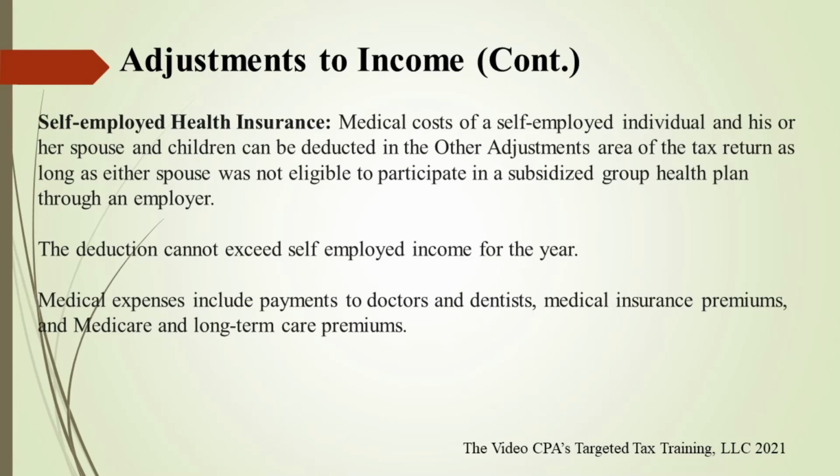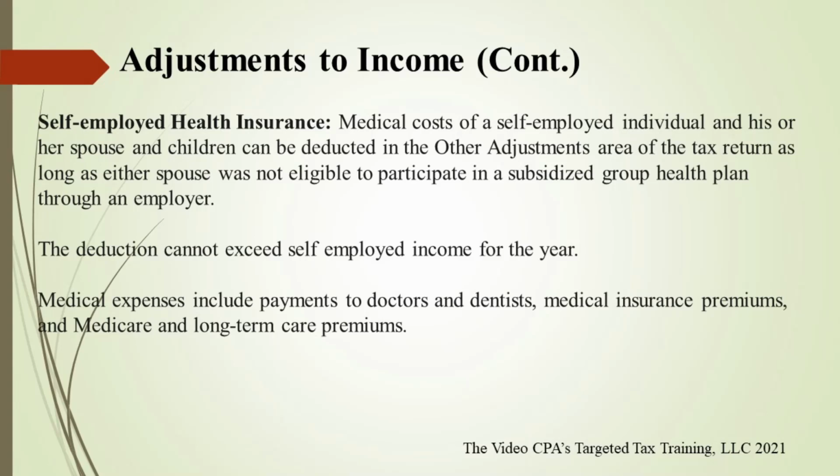That's only true as long as neither spouse is eligible to participate in a subsidized group health plan through an employer. If either spouse is eligible to participate in a subsidized group health plan through an employer, then the self-employed individual cannot write off his insurance premiums in this manner.